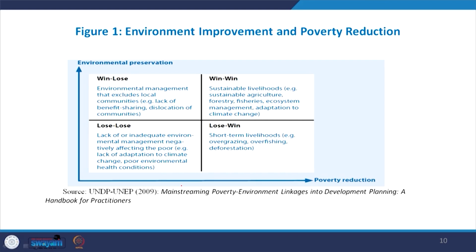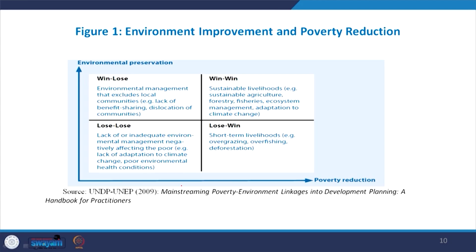There are 4 boxes, or one is win-lose. Win-lose indicates that environmental management that excludes local communities, lack of benefit sharing, dislocation of communities may improve the environmental conditions, but not necessarily improve the living condition of the poor people. So, poverty may not decline even if the environmental protection or environmental conservation occurs.